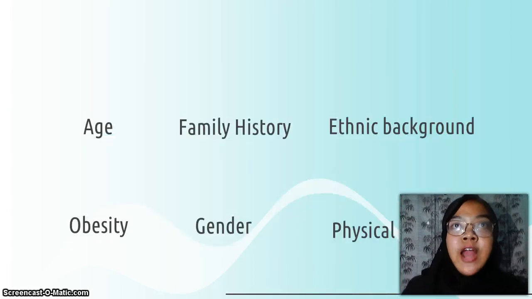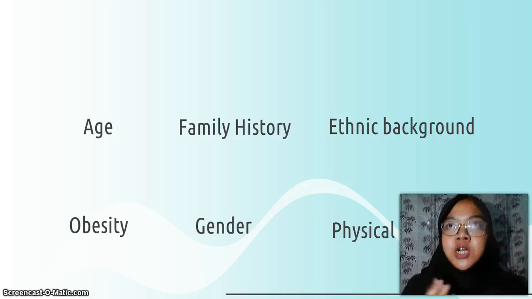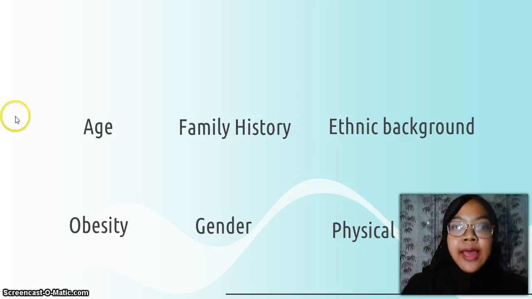The risk factors for essential and secondary high blood pressure: the first is age. The risk of high blood pressure increases as a person becomes older. Why? Because the blood vessels become less flexible. And then family history.